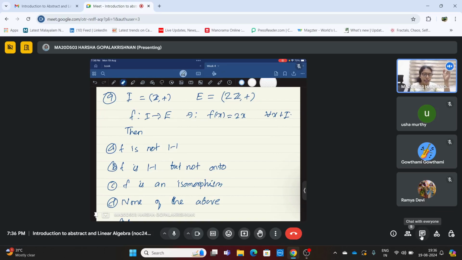If we take any element from the codomain, that is from 2Z, there should exist an element from Z which maps to this chosen element under the map f. So consider any element from 2Z. What is its form, and which element from Z will map to that chosen element?